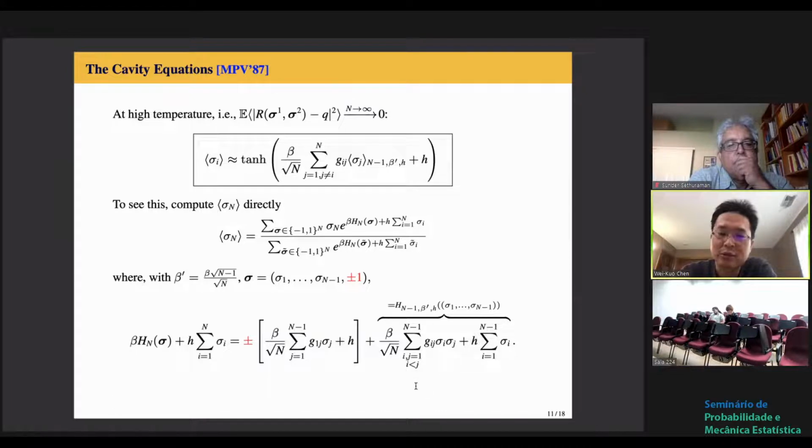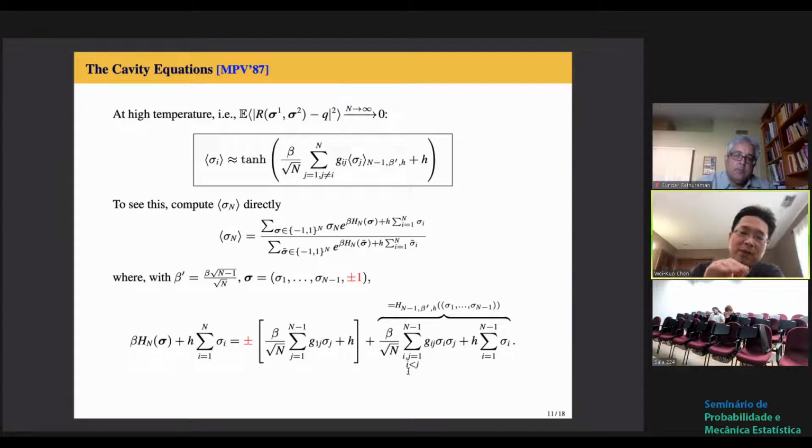If you put these two together, this is the same as the original Hamiltonian, except that the temperature is slightly perturbed, and the size of the system is n minus 1. So just purely algebraic, nothing really changes. Nothing deep at all.